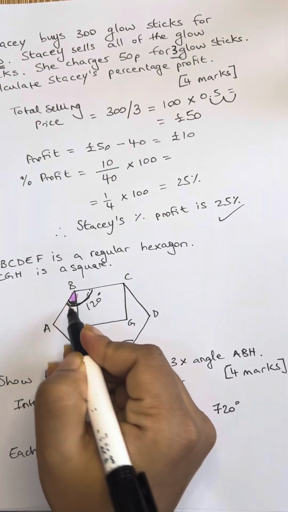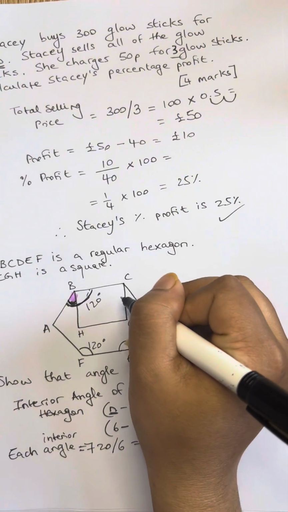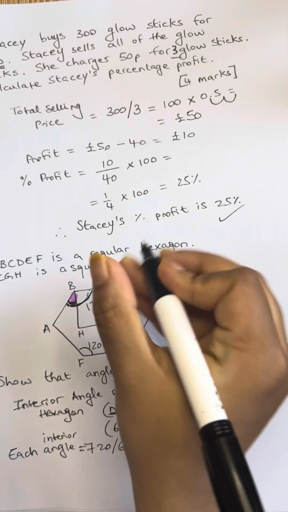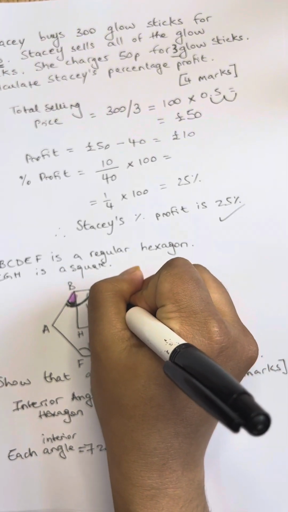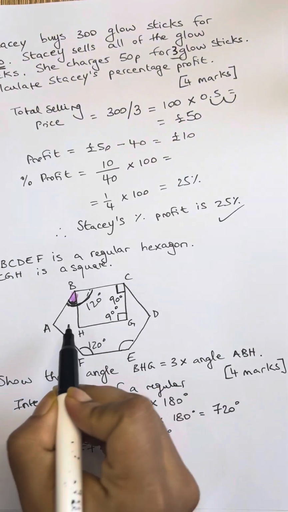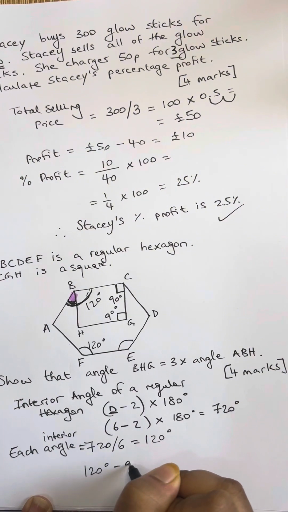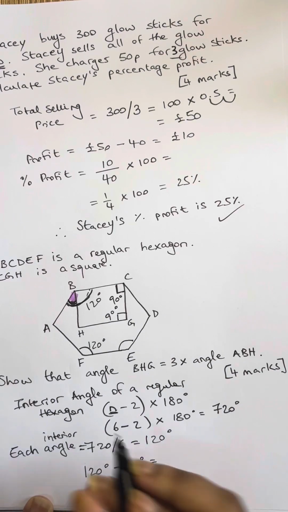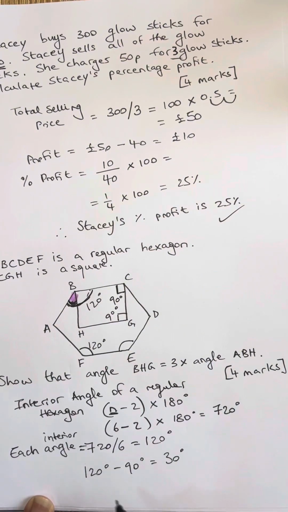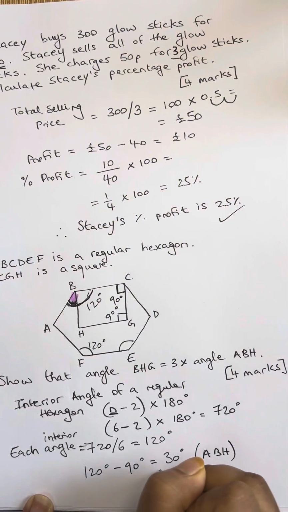Mind you, I need to find the angle that I have shaded. Now in a square, I know that each of the internal angles is what? 90 degrees. Each of these is 90 degrees, right? So that means I need to do 120 take away 90, which is going to give me 30. So angle ABH is actually 30 degrees.